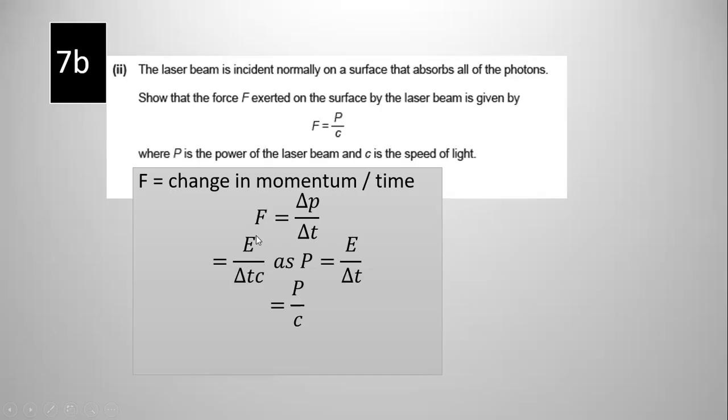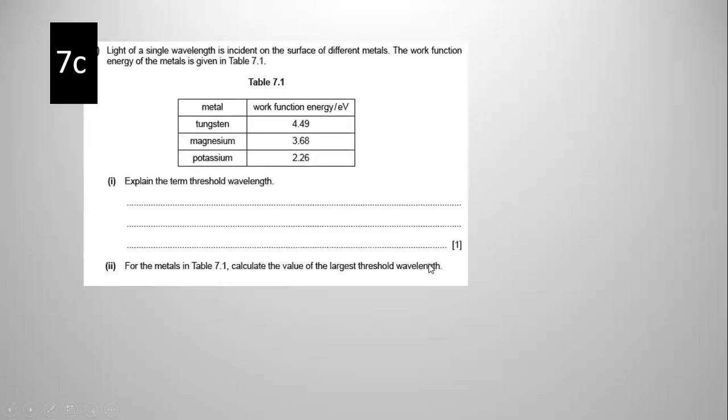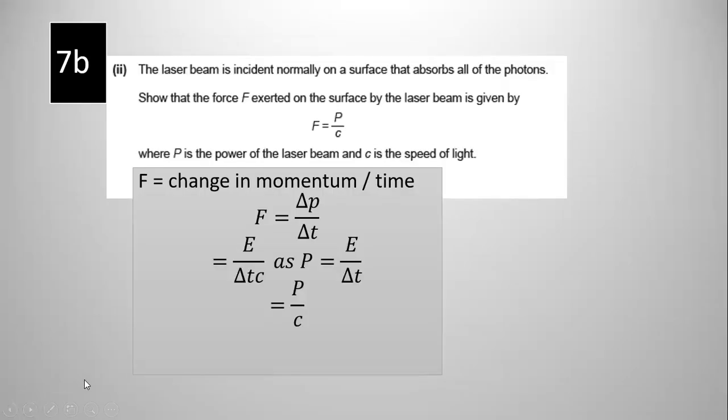E over delta T equals to power P. So replace that, we get P over C. Right? Momentum is just E over C. And we get our answer. Okay or not? Yeah, okay, let's carry on.